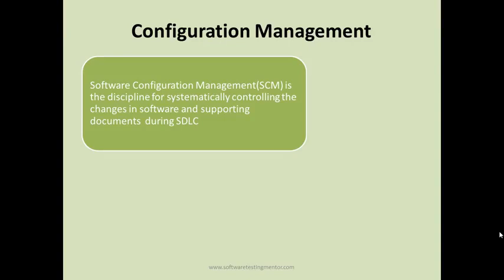Anything that is systematically controlled, version controlled throughout the SDLC is software configuration management. For example, the test cases or test plan, design documents, SRS can all be configuration managed through the software configuration management.